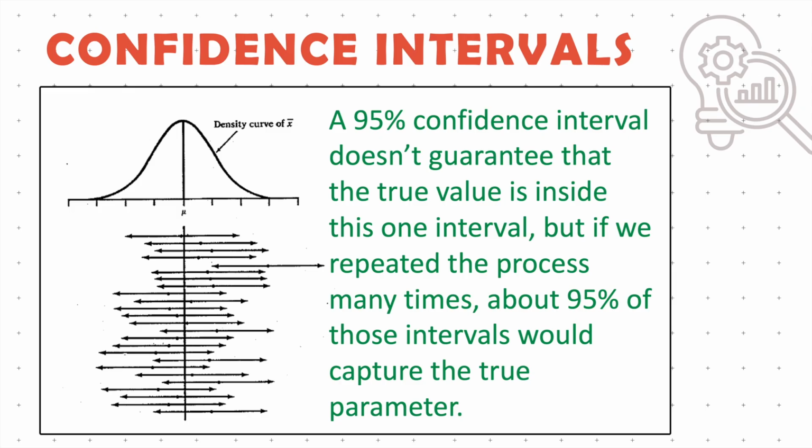That confidence level expresses what the probabilities are tied to, because this is looking at the likelihood of capturing the true parameter, and it's based off of the sampling distribution theory that we know. So a 95% confidence interval doesn't guarantee that the true value is inside this one interval, but if we repeated the process many, many times, about 95% of those intervals would capture the true parameter.